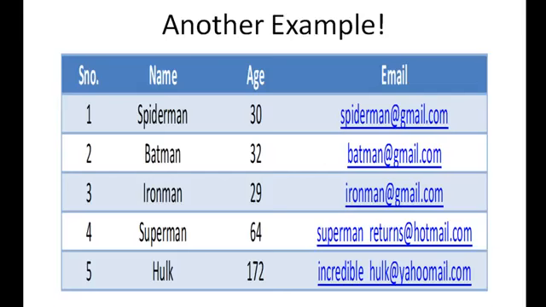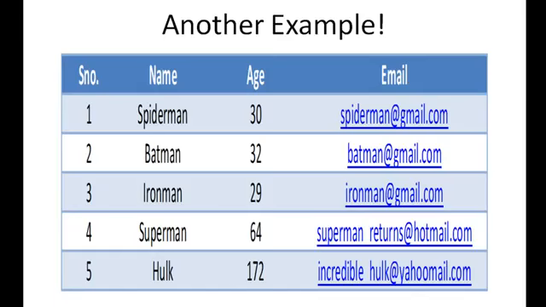Then in the next column you have the age of the superheroes, and then you have email addresses of superheroes, and these are actually fake IDs. So if you're thinking about emailing Superman, this is not the correct email address, so please don't use it. Anyway, that's a bad joke.